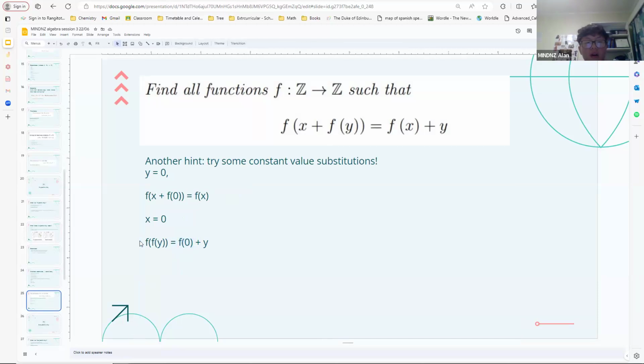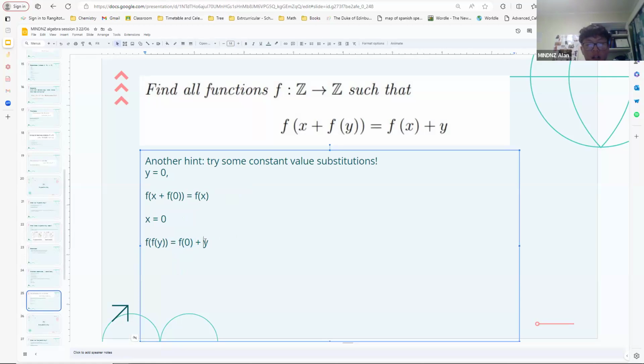So we know that f of y equals f of 0 plus y, and if we have f of a equals f of b, where a, b are not equal, what does this tell us?